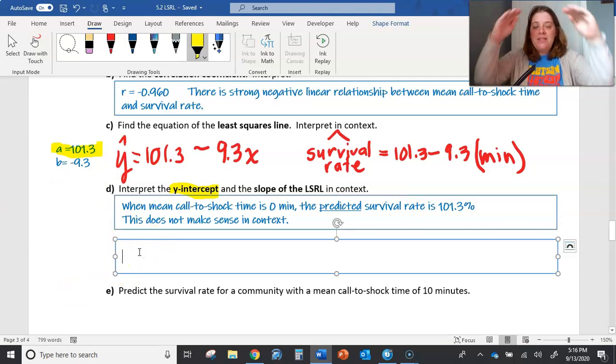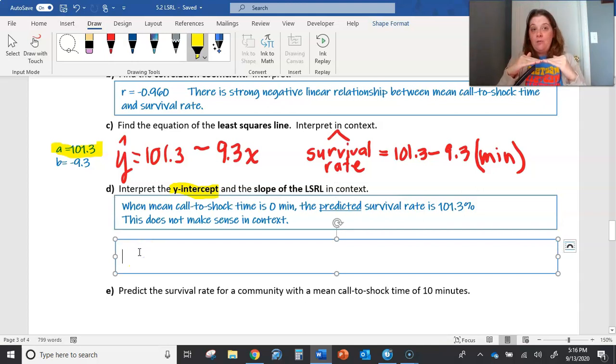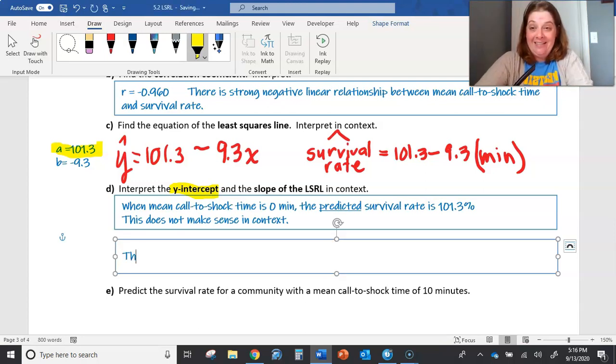It's negative. So what that's saying is rise over run. It's falling. The Y value is falling by 9.3 for every 1 increase in X. So the predicted, and that's such an important word, predicted, what is Y? What is Y doing? That is survival rate.